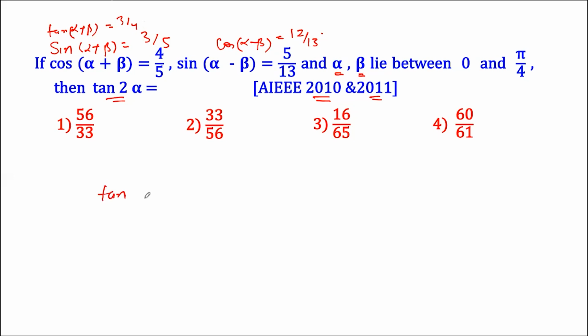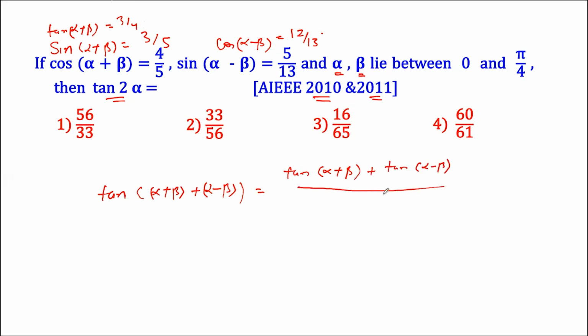See this: alpha plus beta plus alpha minus beta. Tan 2 alpha is tan alpha plus beta plus tan alpha minus beta upon 1 minus tan alpha plus beta into tan alpha minus beta.